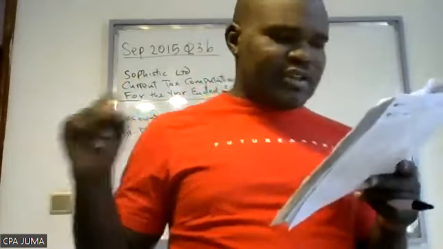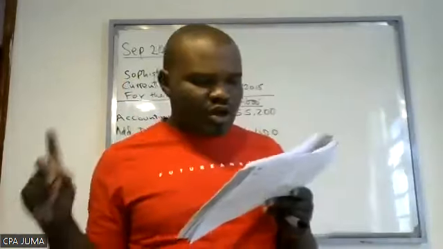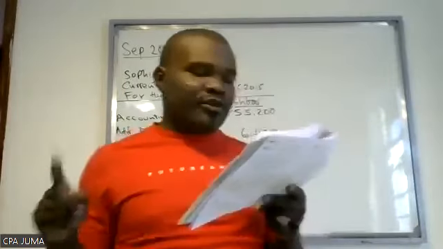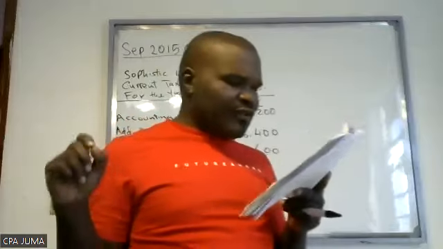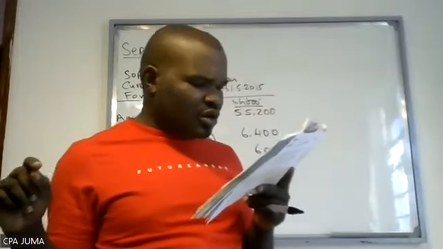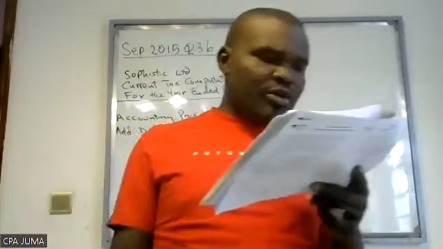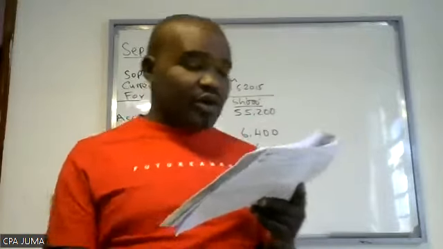Please underline that, sum of digits method over the estimated useful life of 5 years. Software development costs are allowed in full in the year in which they are incurred, no problem. The cost is what's allowed, but amortization is not allowed.